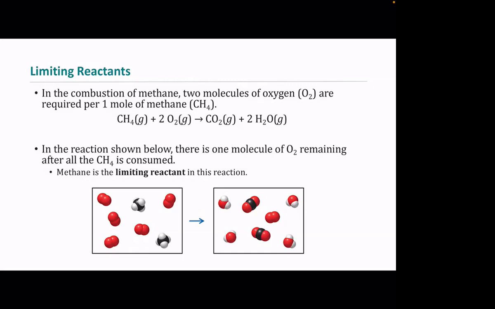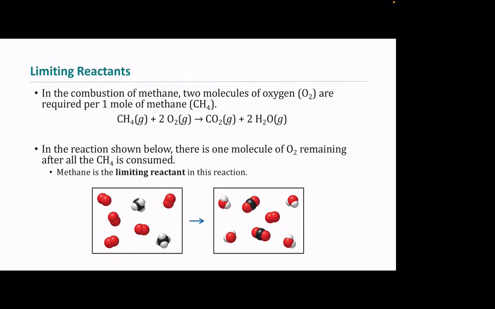It's the one that's less based on the recipe. Go back to my 5.5 cups of flour and 1.25 cups of water, right? If I told you that forms 2 pizzas, and I had 4 cups of flour and 1.25 cups of water, what's limiting? The flour, even though there's more flour than water. It's limiting based on the recipe, right? That's what's important. You can't just look at the one that has less and say, oh, that's limiting.